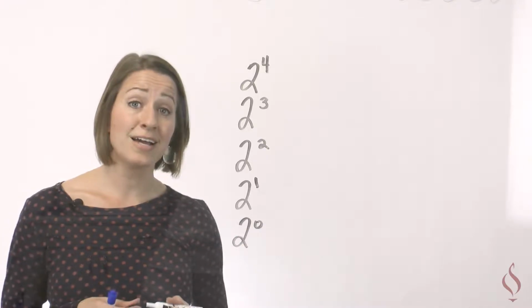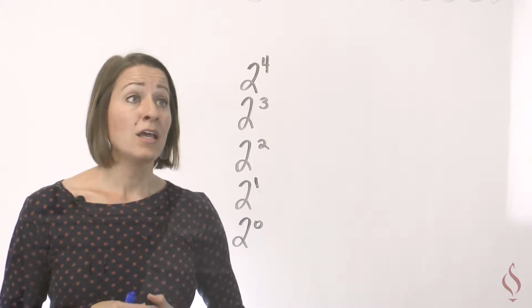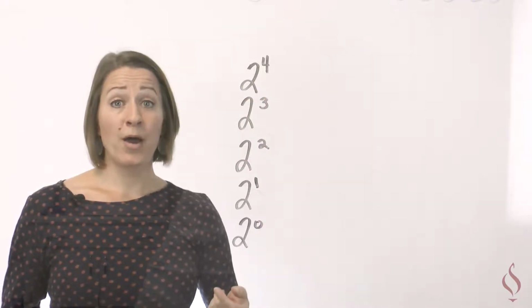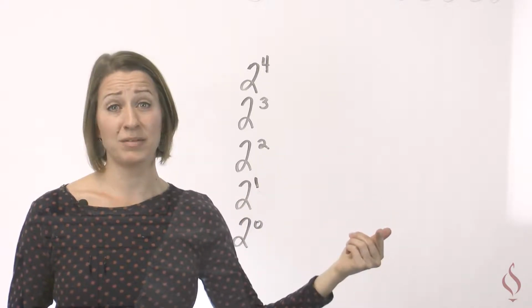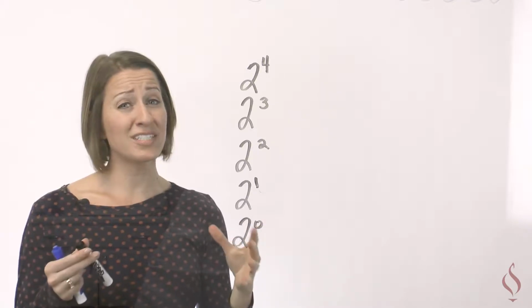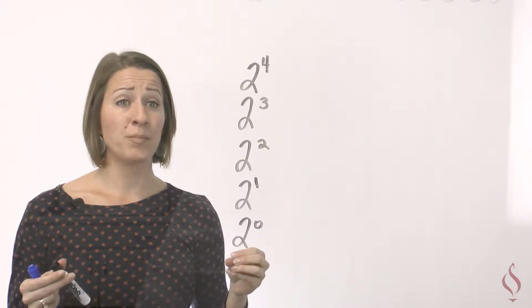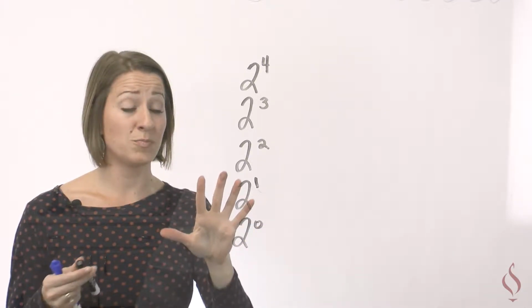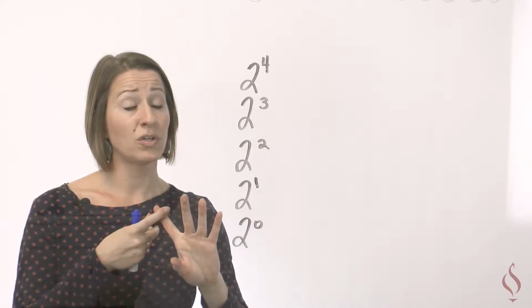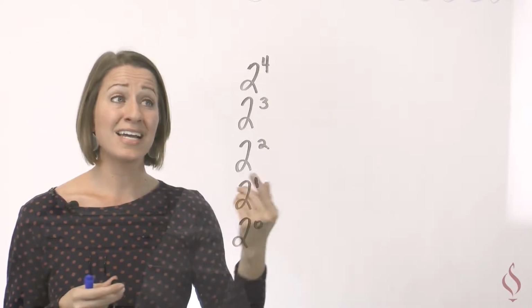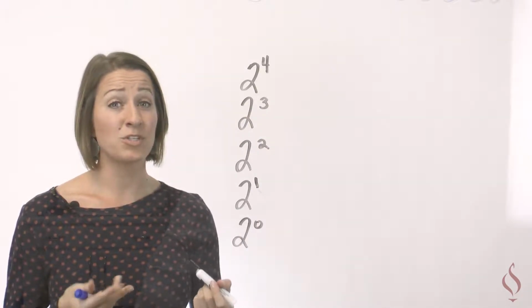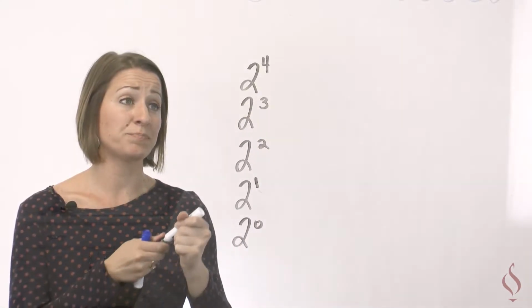A lot of times teachers may say, okay, 2 to the 4th power is 2 times itself 4 times. But if you really break down that definition, you're really multiplying 5 2's, because you have the original 2, and then if you multiply it 4 more times, that doesn't represent this exponent. So I want to give you another definition.